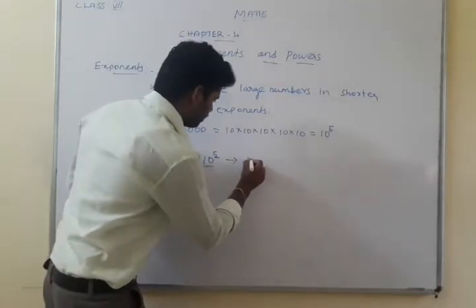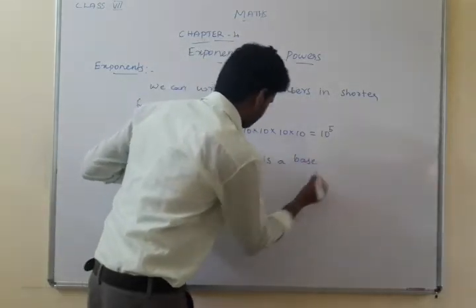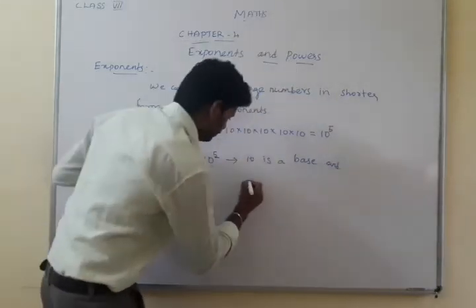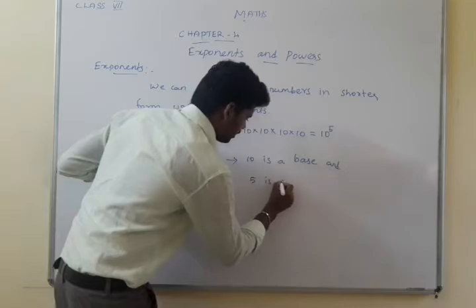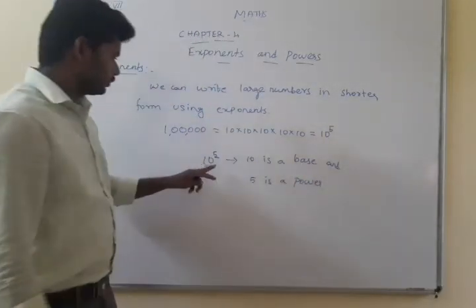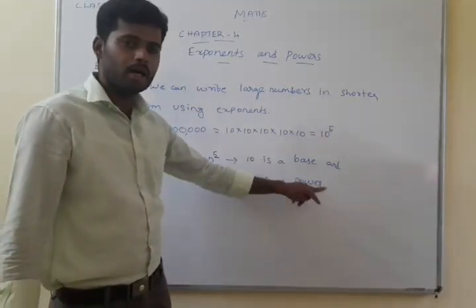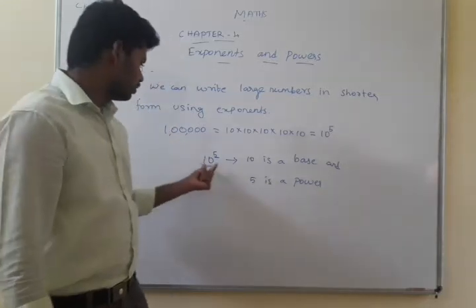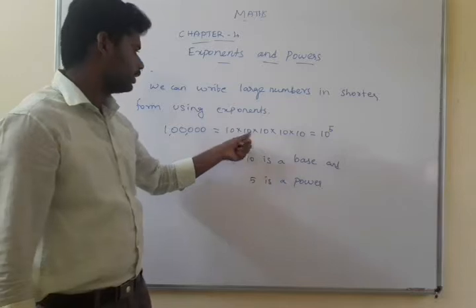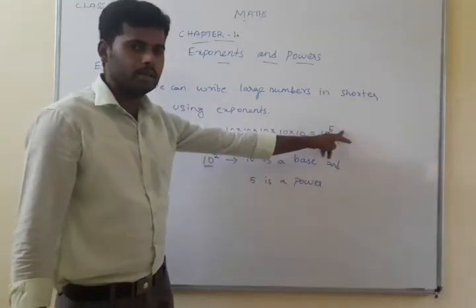So 10 is the base and 5 is the power, or exponent. So 10 power 5 is written like 10 into 10 into 10 into 10 into 10. So we write it as 10 power 5.